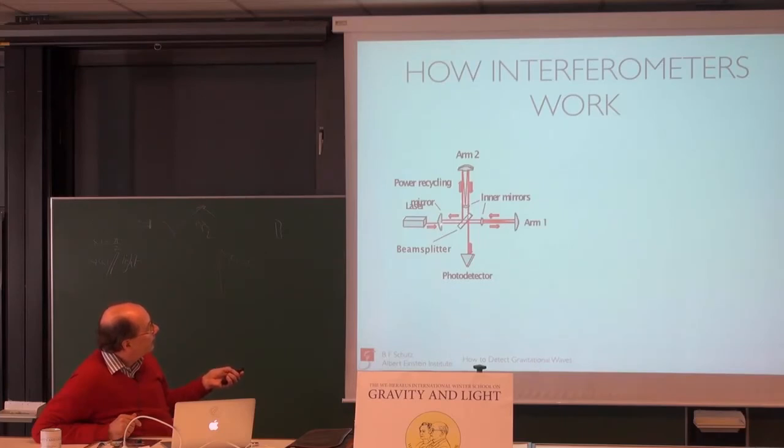What actually happens is that this is a good design for GEO. GEO only has one bounce, but then gets all of its sensitivity through this amazing light recycling. In LIGO and Virgo, there's a lot more reflections here, which means that the power is all stored in these arms, and the power recycling doesn't actually come out to here with such intensity as it does with GEO.